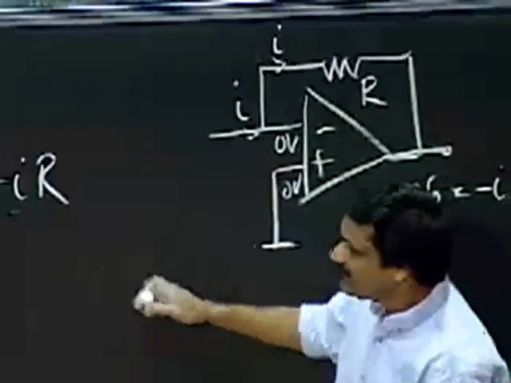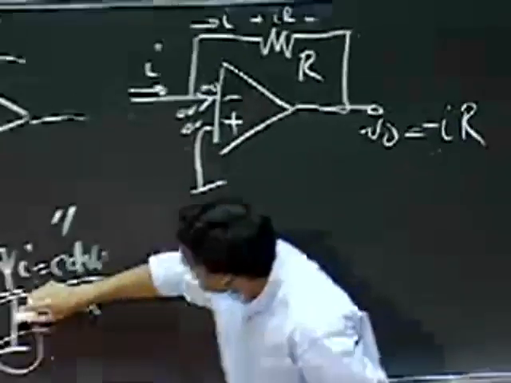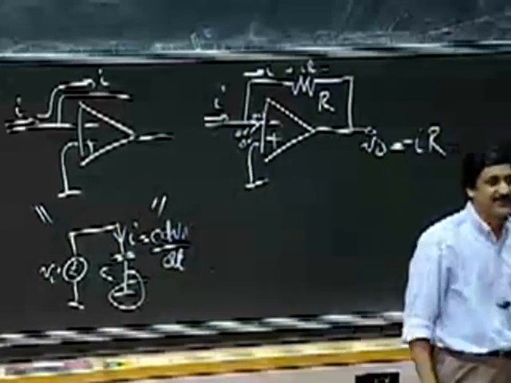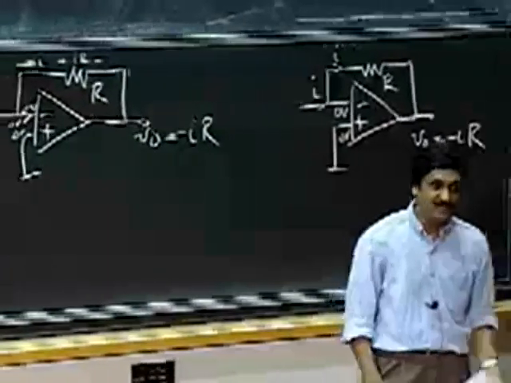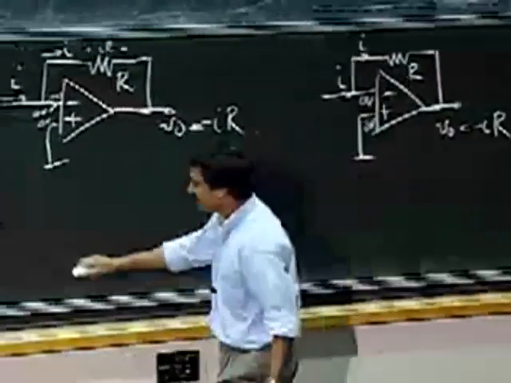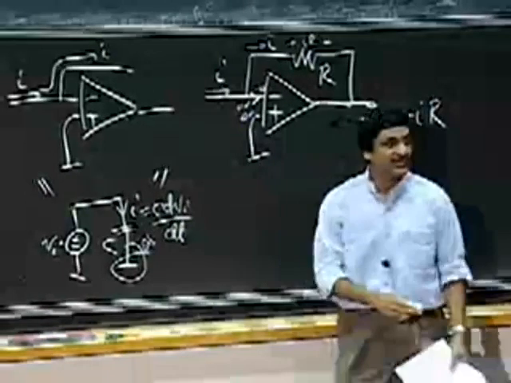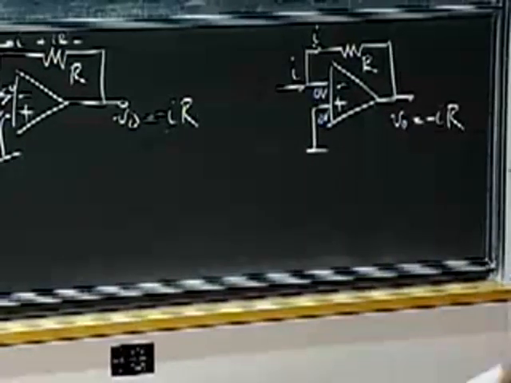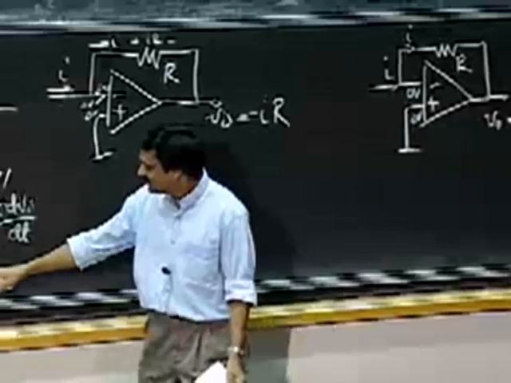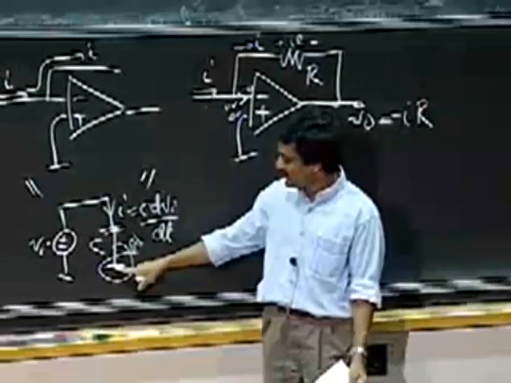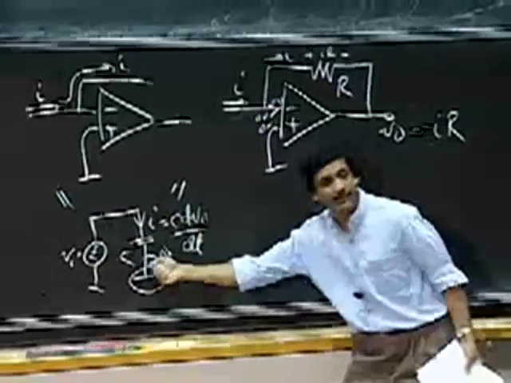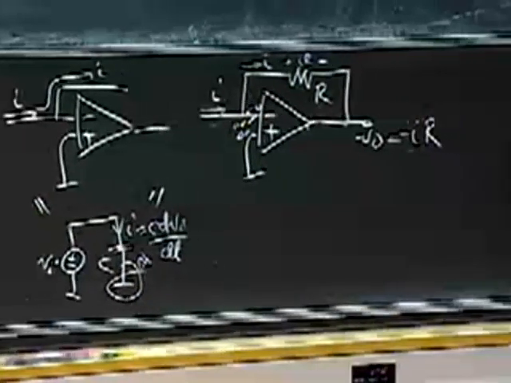So what I can do is, this is a ground node, correct? Now the poor little capacitor, what does it care whether it's a ground node or a virtual ground node? As long as it's a 0-volt node down here, what does it care? So what I'm going to do is stick this point, not here, but into a virtual ground node. I'm going to grab that point, take it here, and stick it here.